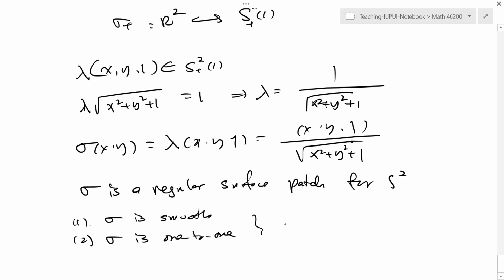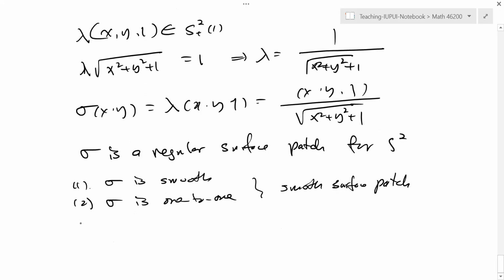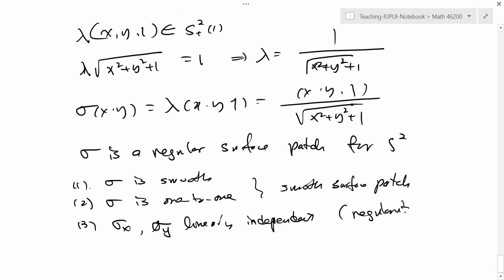It's not called regular, it's called a smooth surface patch. And then with a certain additional condition, it's called regular. So this is called regularity. It is this condition.